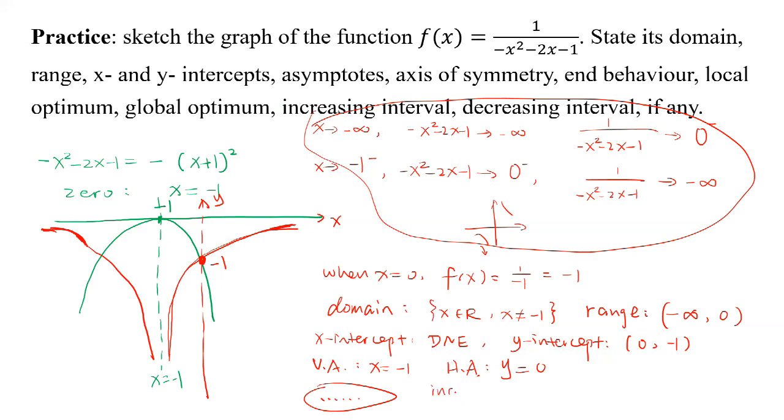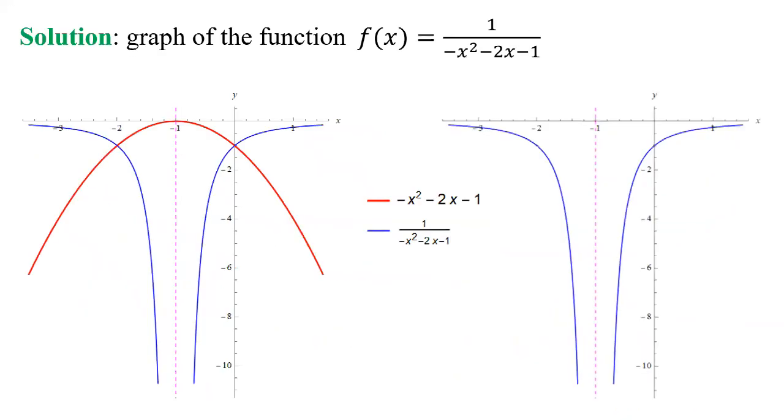Increasing interval: there is an increasing interval here from -1 to positive infinity, right? Decreasing interval: there is a decreasing interval from -infinity to -1, exclusive, right? Okay, please have a look at this question. Do you want to ask anything?